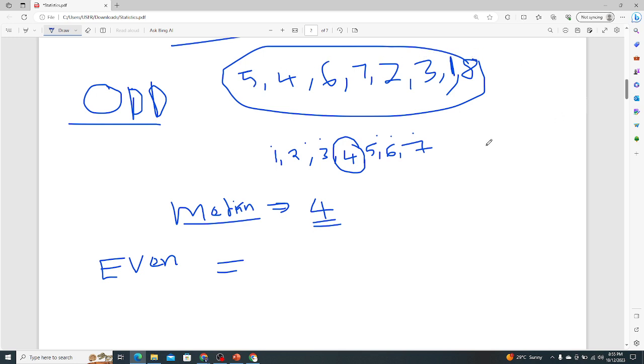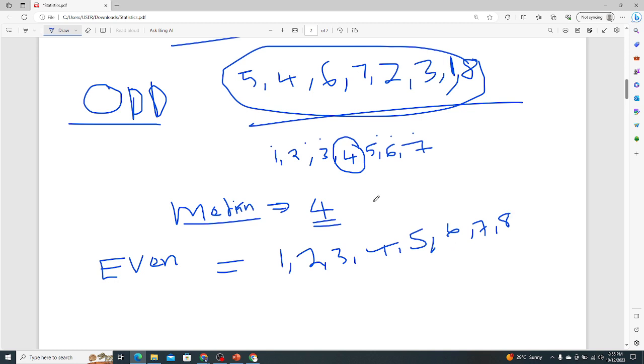The count is 8, which is even. So in this case we are also going to sort this data: 1, 2, 3, 4, 5, 6, 7, and 8. We need the middle value. So in this case I will go with 3, 3.